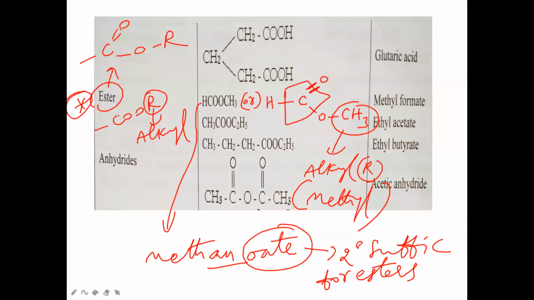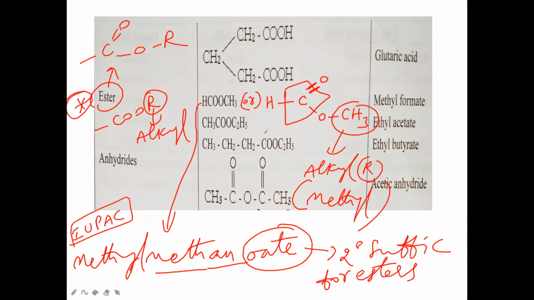In the COOR group, R is the alkyl group, methyl. So the IUPAC name of H COOCH3 is methyl methanoate.